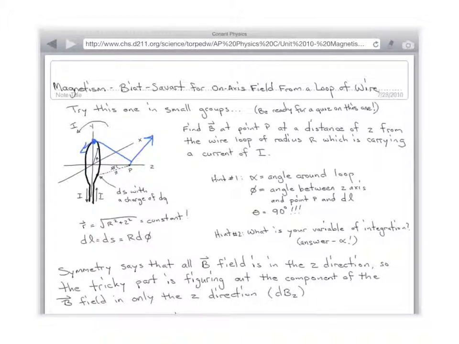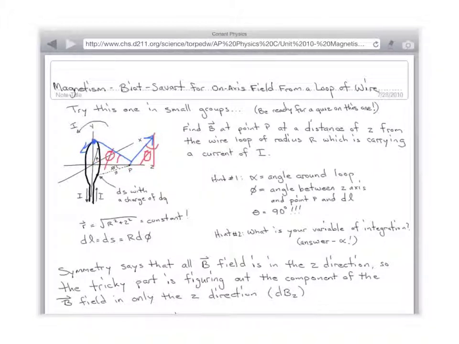So what I did in this problem is I set it up, I called this angle in between the r vector and the z-axis, I called that angle phi. So that's angle phi. And what that means is the angle that this field points up at is also phi. The little triangle formed right here is a similar triangle to this triangle right here.